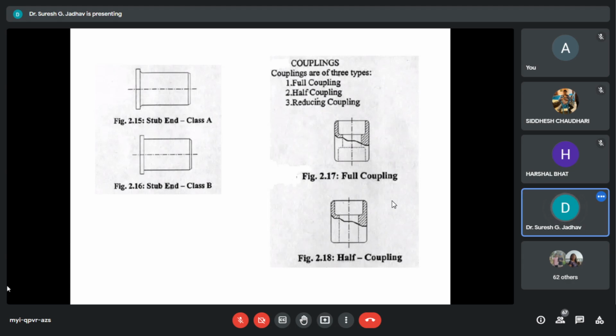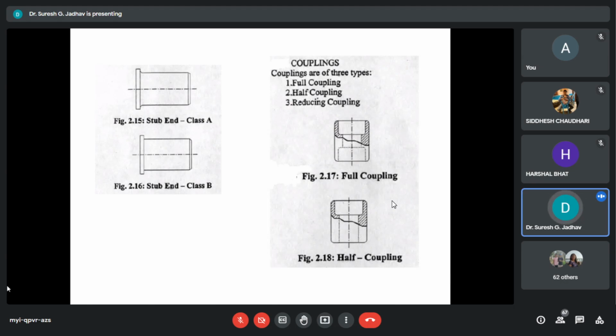Now the next fitting element is couplings. Couplings are of three types: the first is full coupling, the second is half coupling, and the third is reducing coupling.